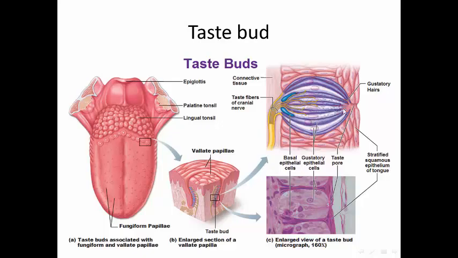They have important projections, cilia or hair, that project through the taste pore into the surface of the tongue or other parts that are covered by mucus secreted from glands present in the tongue or other areas responsible for the perception of taste.